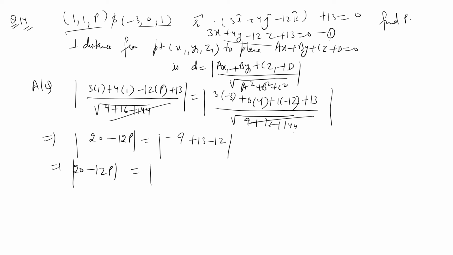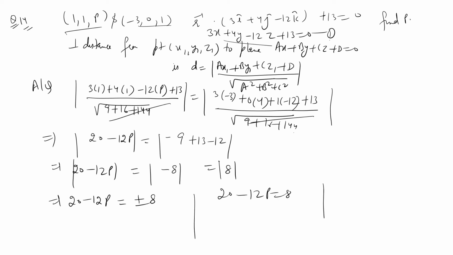This is equal to, because we are taking the magnitude only, 1 minus 9 is minus 8, which will be 8 itself. So let us open out the mod, and while we open the mod, because this is the unknown side, I'll open it as plus minus 8. Okay, so the first condition is 20 minus 12p equal to 8, and 20 minus 12p equal to minus 8.